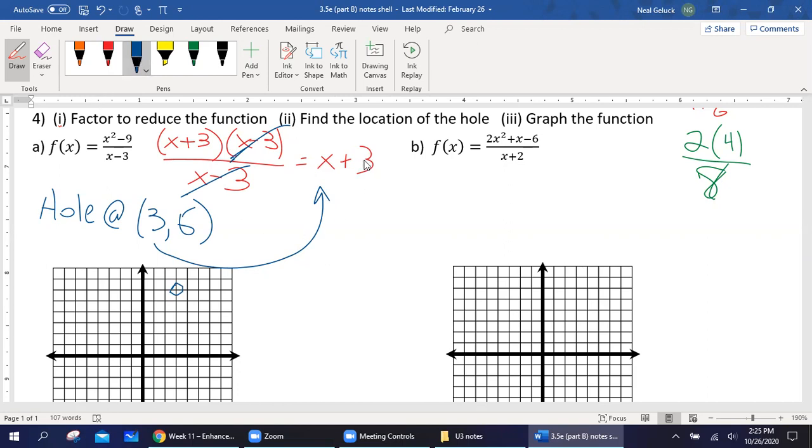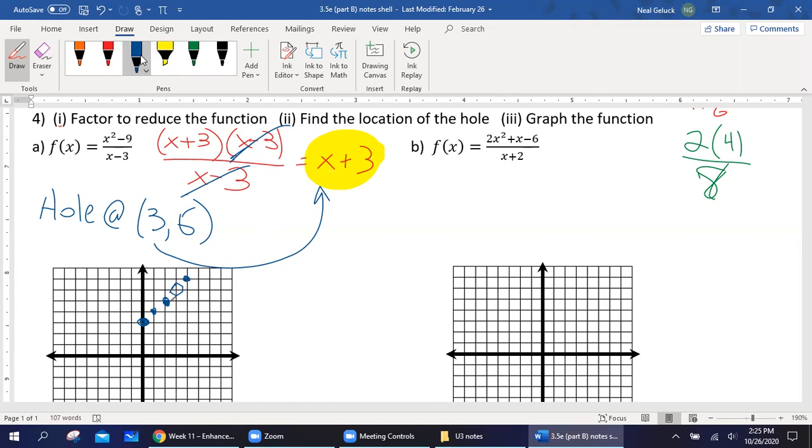Now, what does this graph look like? Well, it basically looks like its reduced form. It looks like y equals x plus 3, which would be a line starting up 3 with a slope of up 1, right 1. So it's basically the graph of a line, except that we know that there's an open circle in that.